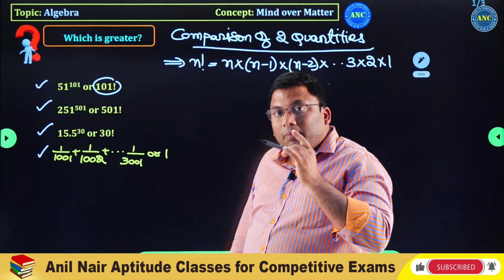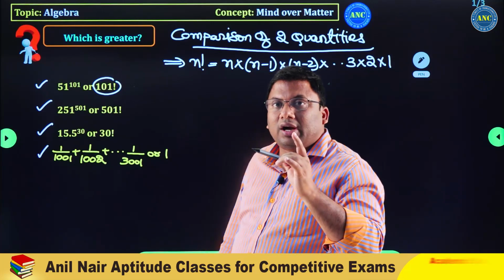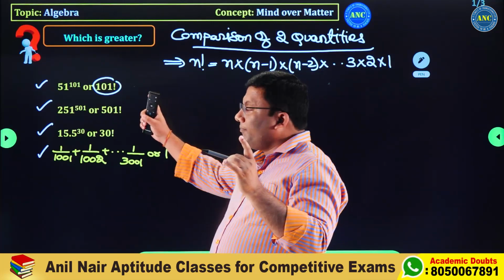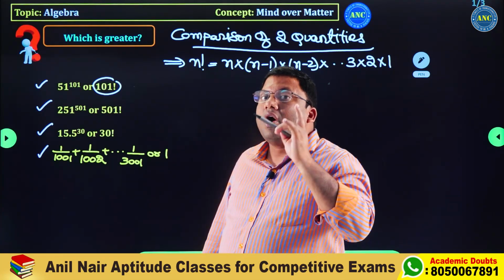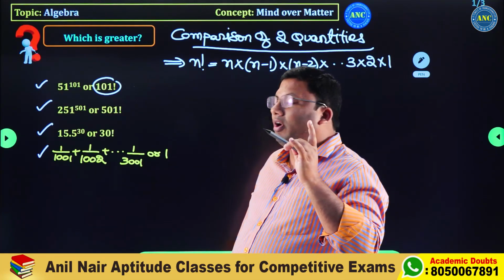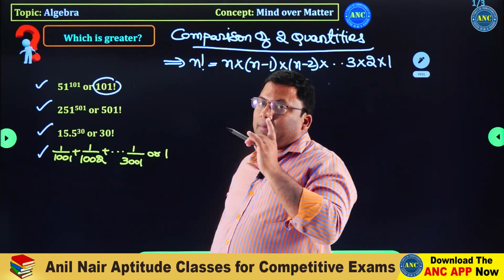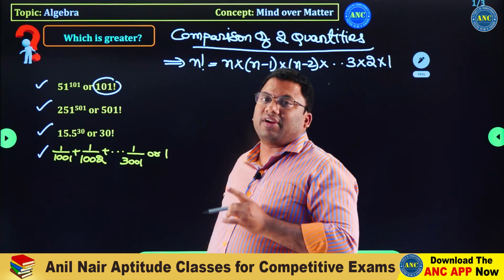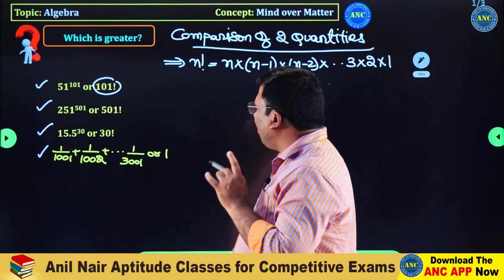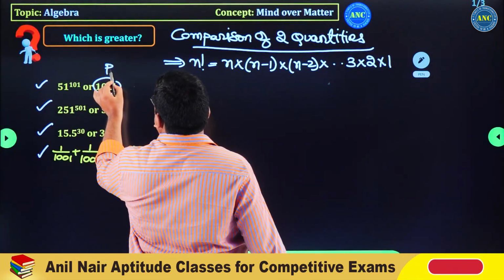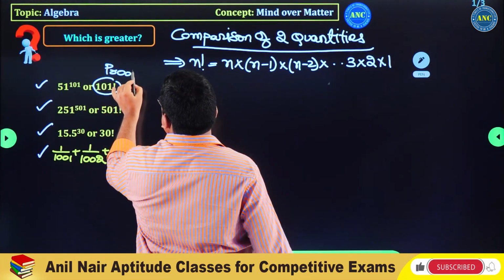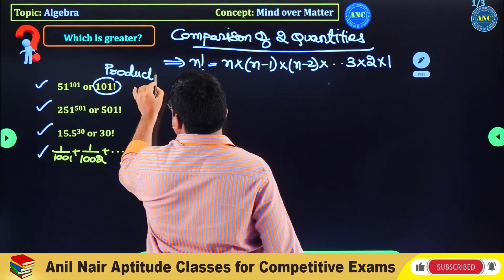That means the product of all natural numbers from 1 to n is n factorial. In 101 factorial, all the natural numbers from 1 to 101 are multiplied and the result is 101 factorial. It is the product of all natural numbers.